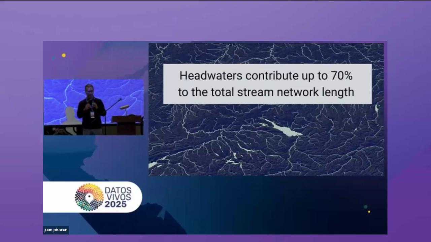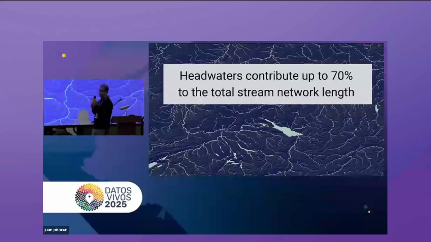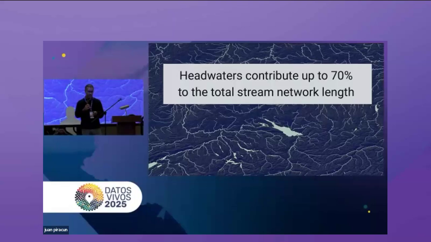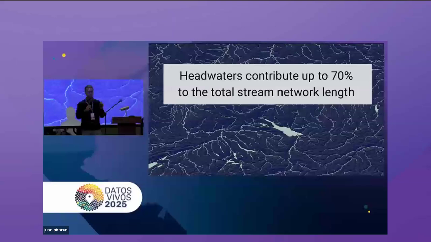By doing that, we are ignoring 70% of the area and all the biodiversity in those areas. What you see in the background is an example of higher stream orders. This is just a screenshot of a small area in Switzerland, I think.